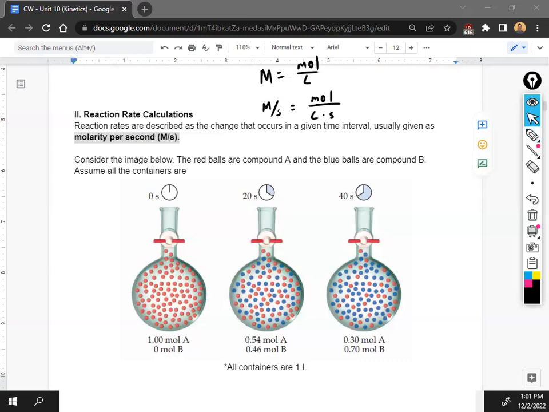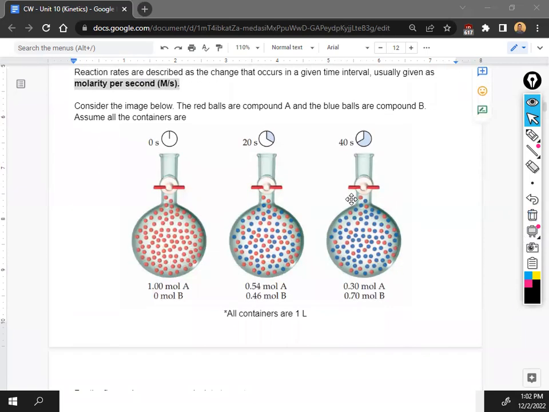Just kidding. All right, so we're gonna take a look at these flasks down here. Now, I know that there are red balls and blue balls, and everybody laughs when I say blue balls, but please don't laugh, okay? I just need to clarify that because every time I read this scenario, everyone starts giggling. But look at the image below. The red balls are compound A and the blue balls are compound B, okay?